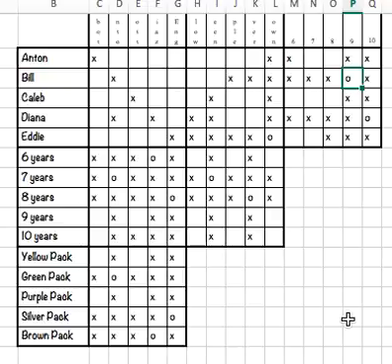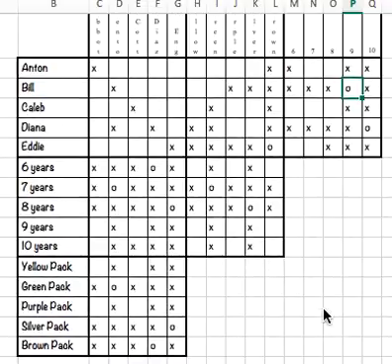And then we also start with different people's information and try to read it back and forwards. So let's say we want to start with the 7-year-old. And we say that the 7-year-old, we look for an O. So let's say we look at this O here. And we know that this 7-year-old has the green backpack.